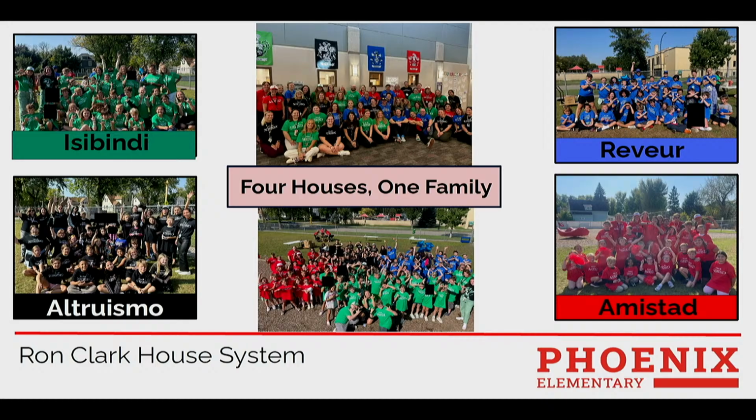The whole idea of the Ron Clark system is to have 4 houses, 1 family, to break down some barriers, to increase belonging, to increase student achievement, to reduce discipline referrals, reduce negative behavior toward other children, and try to get those kids to know each other better, because all the grades are mixed in the house.